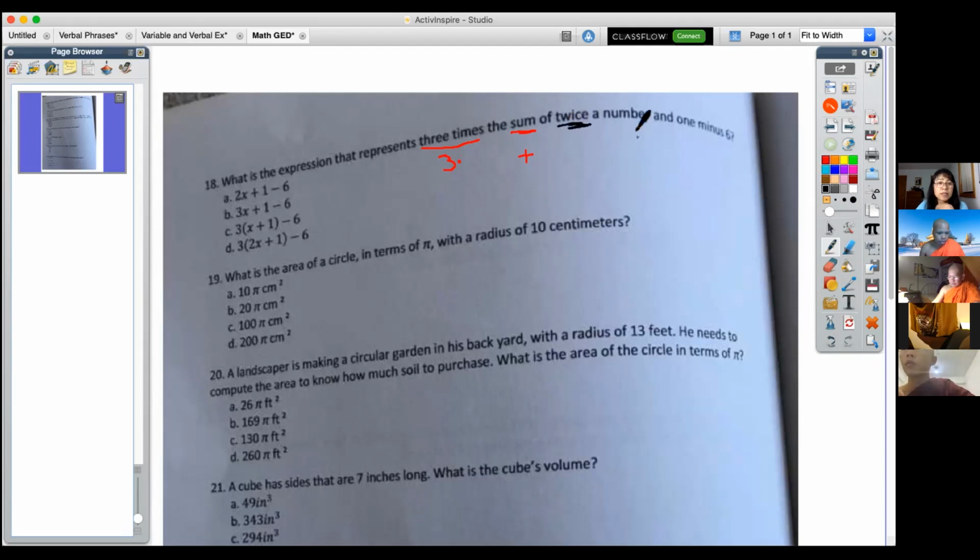Twice mean. So if you're 10 years old, I'm twice as much as your age, I will be 20. Twice of 2 is 4. Twice of 3 is 6. Twice of 4 is 8. So what does twice mean?